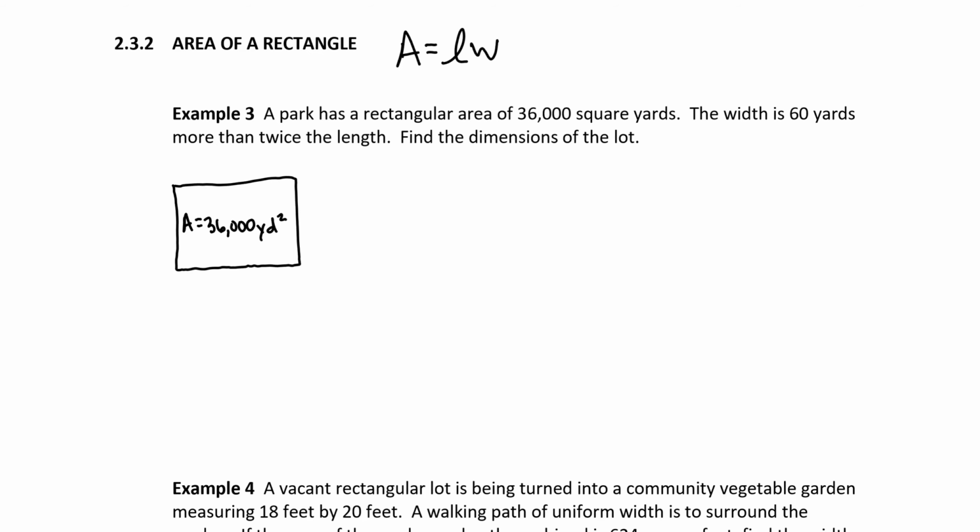So I'm going to go ahead and define my variable here. Let's suppose we can say let L equal the length of the garden. So we'll suppose that this is the length of the garden. It says the width is 60 yards more than twice the length.